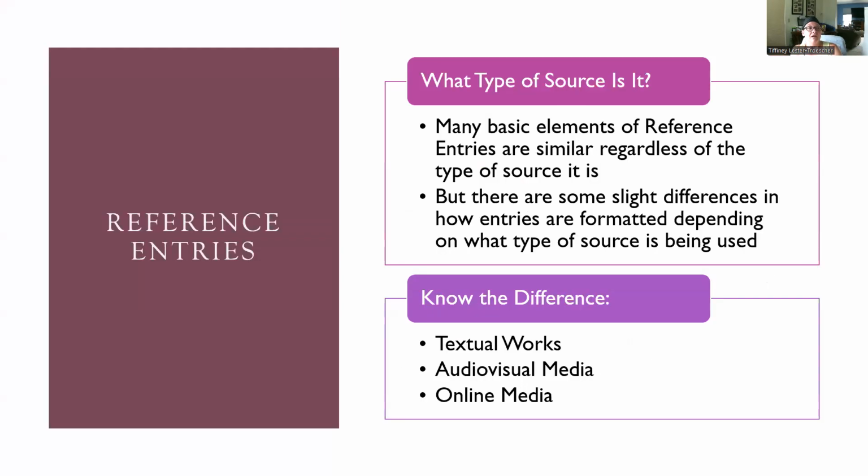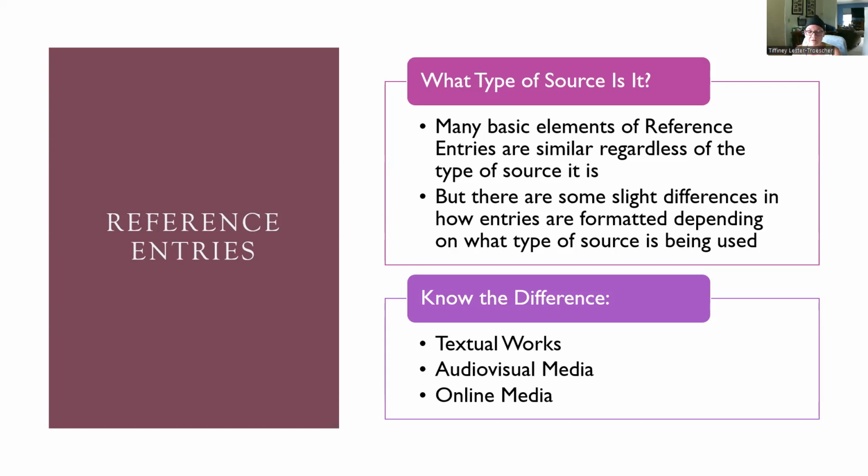Now, there are all types of sources out there these days. And each type of source, you need to really think about what type of source you're using, because different types of sources are formatted a little differently.